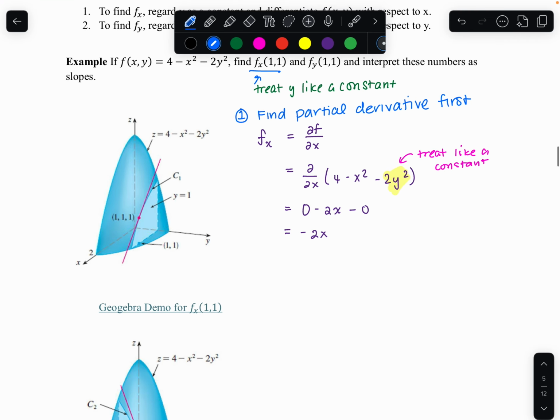So for part number 2, because we are trying to figure it out at a particular point, right? Here's our point, 1, 1. What we're looking at in this picture is that this point is being projected onto the domain.